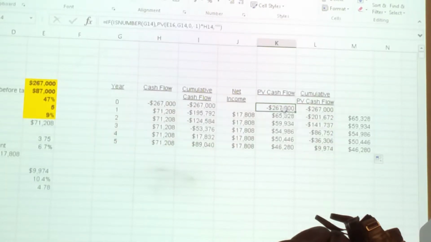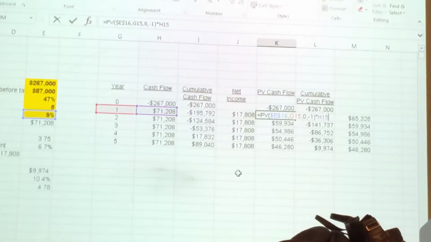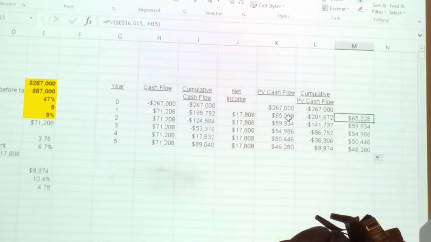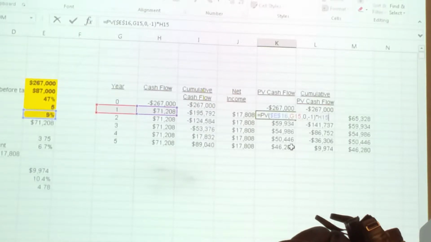The present value of the cash flow. So let's deal with this. Present value of the cash flow. You can see that it's basically the same as my equation here. But what did I do a little differently? You omitted the 0.